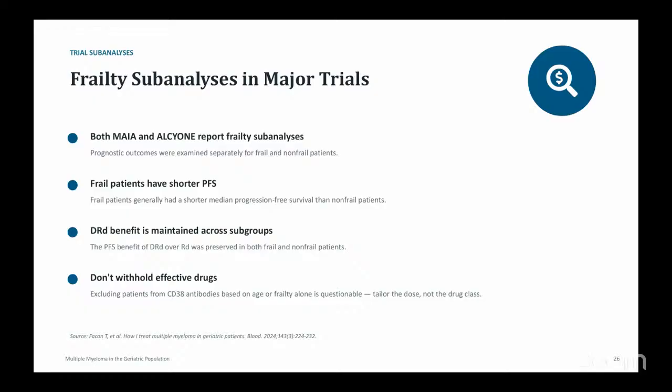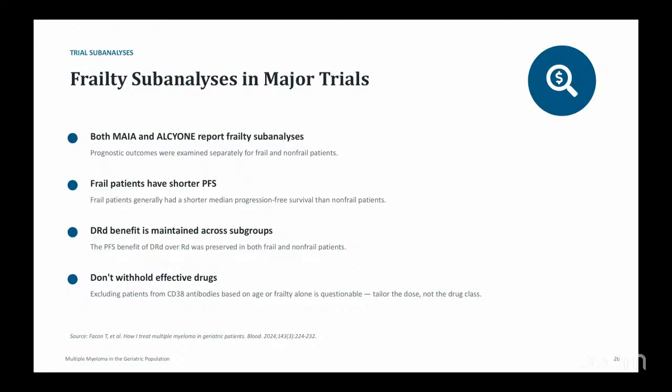So it was quicker for them to have the disease worsen and progress again than the fit patients. However, it was important that even within the frail subgroup, those who received the DRD over the RD alone had better results. So even within the frail group, those who received the DRD had more benefit than those receiving the RD combination alone.